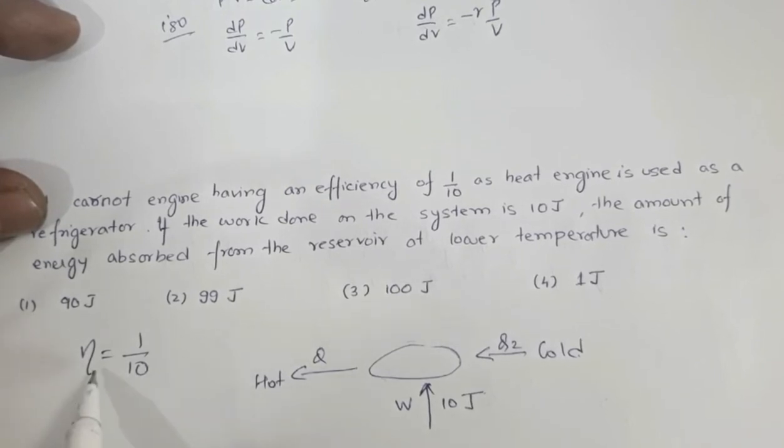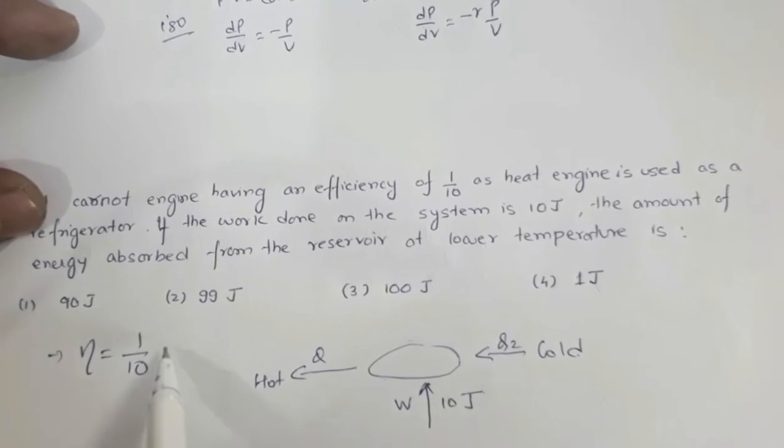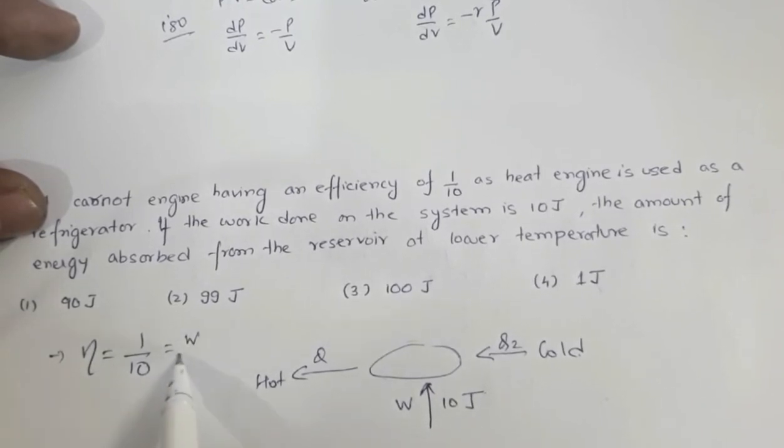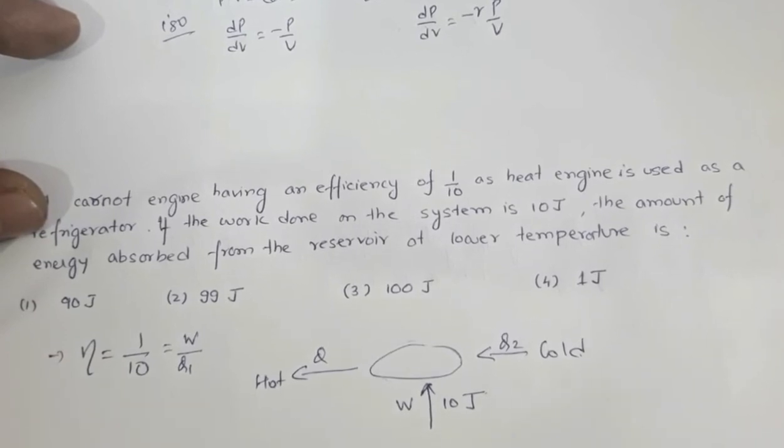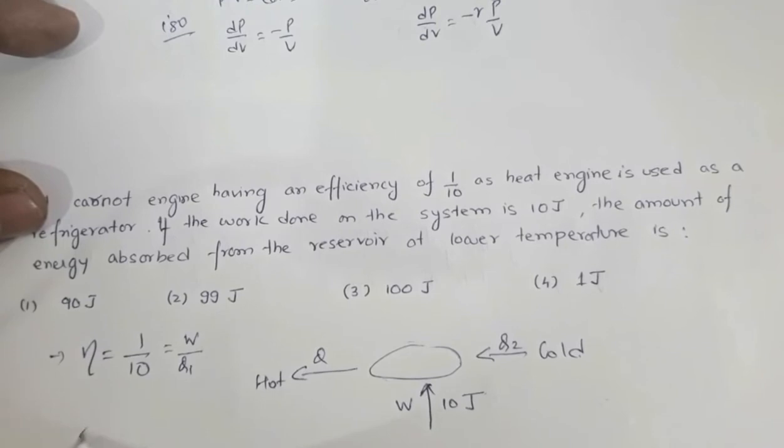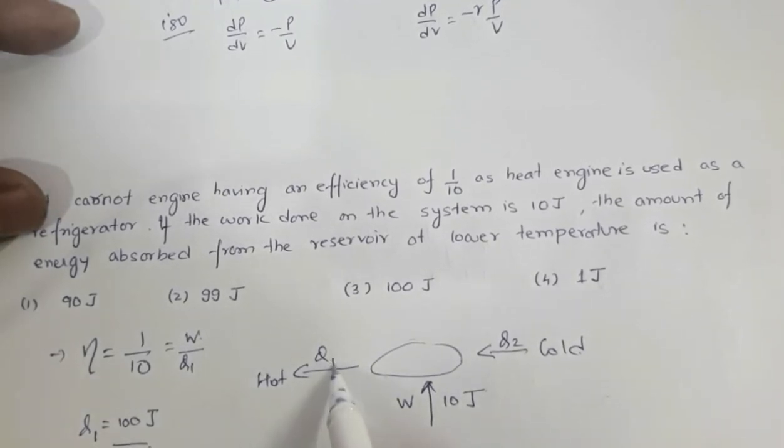Now the efficiency is 1 by 10, that is work done by heat absorbed. Work done is 10 joule, so Q1 is equal to 100 joule. So this is Q1, the heat rejected, it is 100 joule.